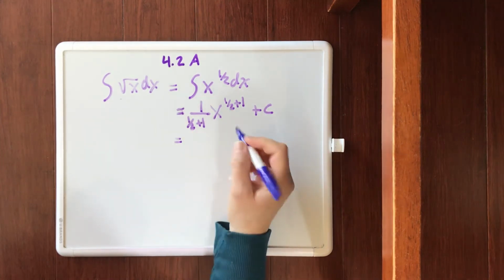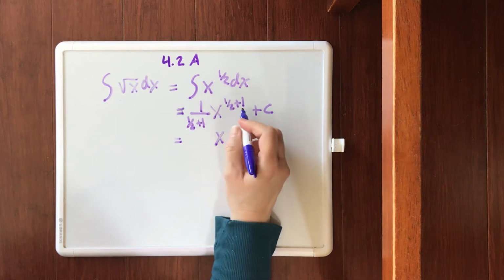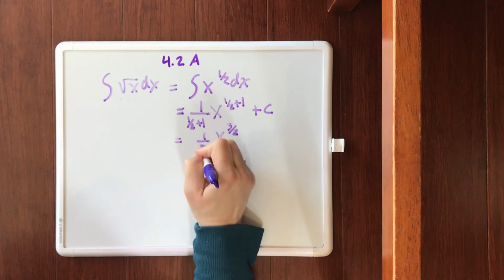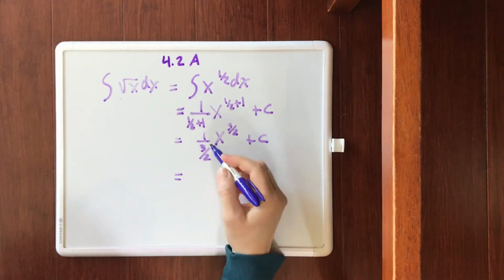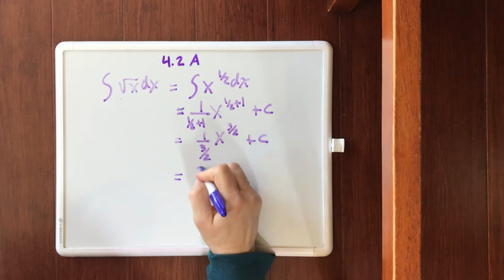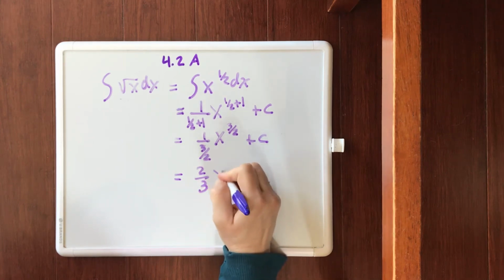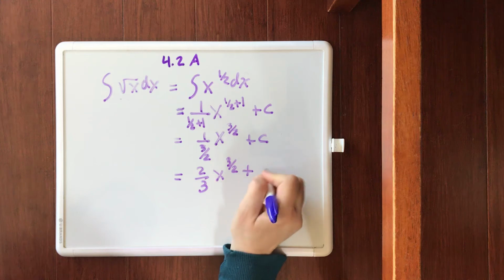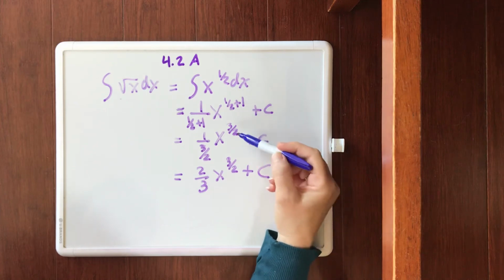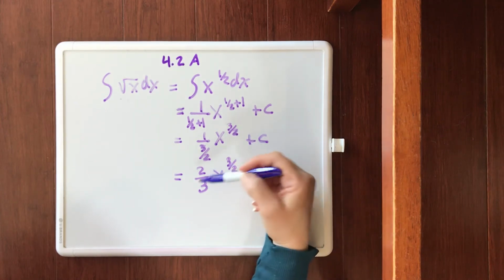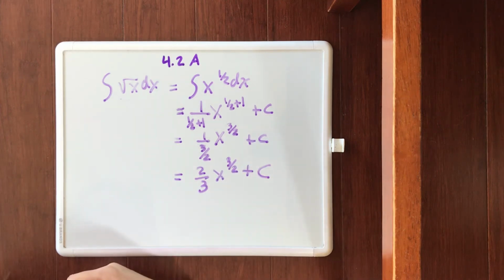So 1/2 plus 1 is 3/2. This is 1 over 3/2 plus c. And we know 1 over 3/2 is just 2/3. So 2/3 x to the 3/2 plus c. This is what's cool about having fractional exponents. When we add 1 to them, this number over here is just going to be the reciprocal. Can you see that?